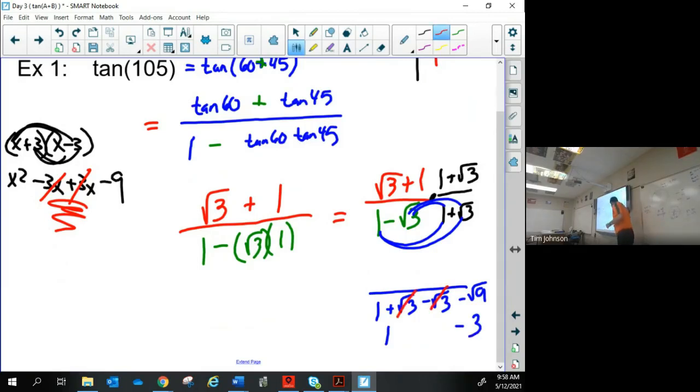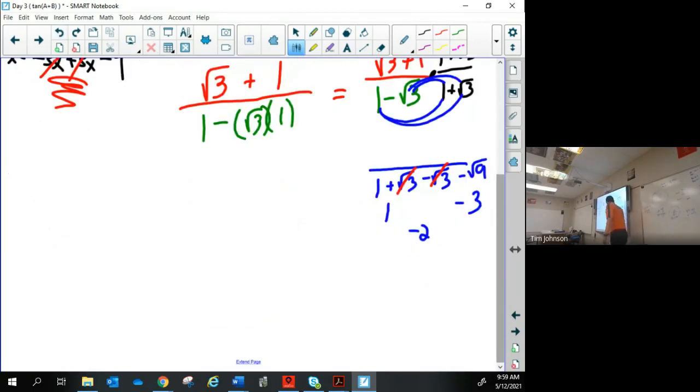So these square roots cancel out. That's what I was looking for. And the whole denominator, when it's all said and done, simplifies down to negative 2. Let's circle that. So my denominator, when it's all said and done, is negative 2. And that's what I was looking for.